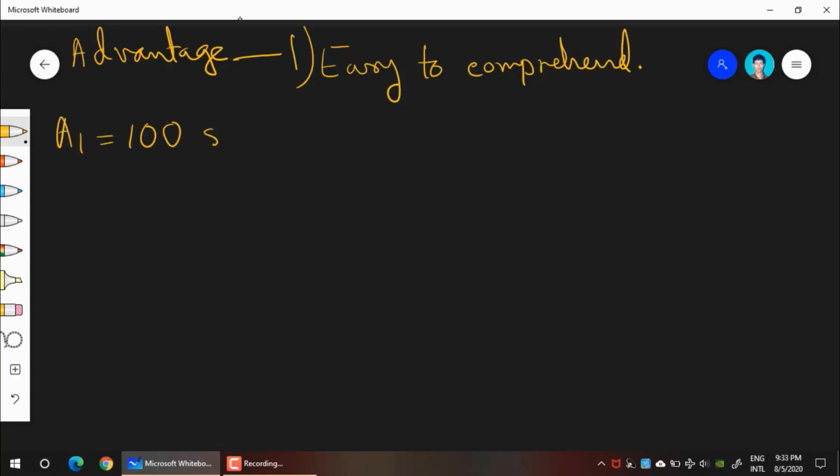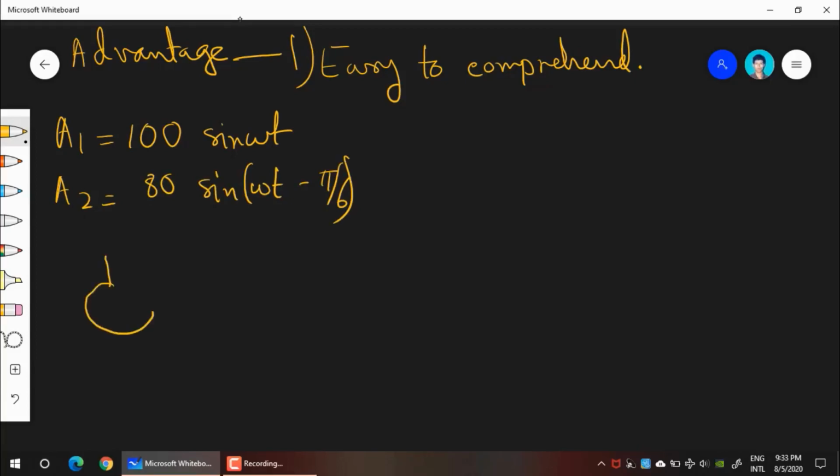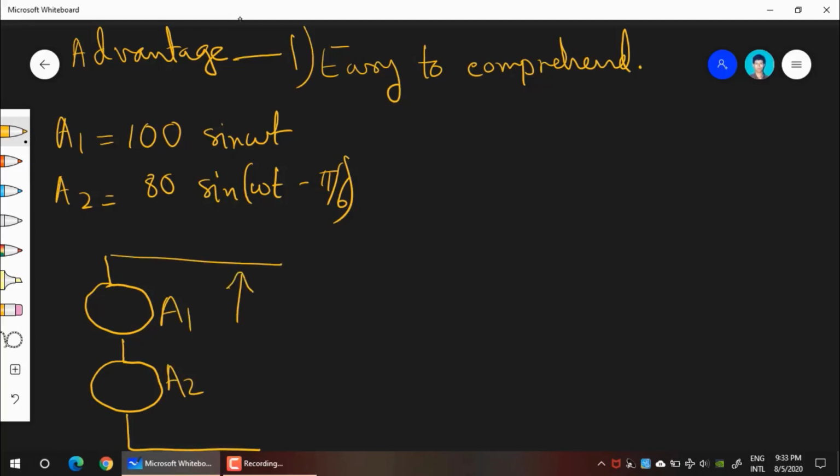A1 is 100 sine omega t, A2 is equal to 80 sine omega t minus pi by 6 or minus 30 degrees. Now I just draw a circuit like this. This is A1, this is A2. And I ask you to find the resultant voltage. Clearly it is A1 plus A2.